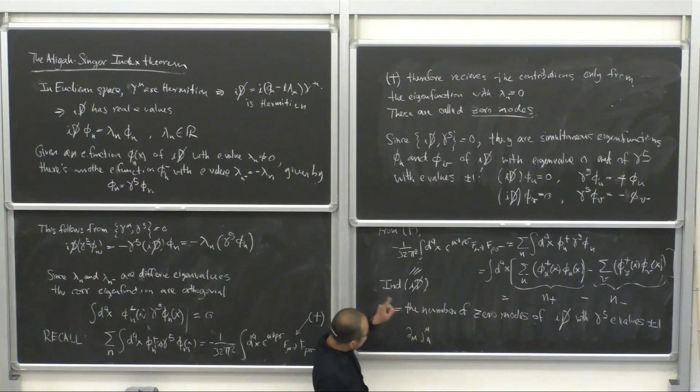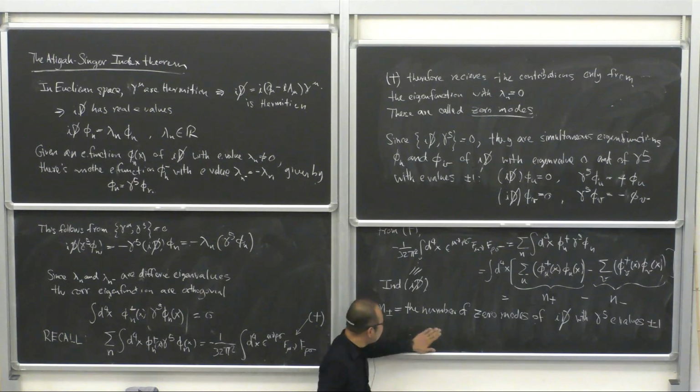Indeed, you can put this in a correlation function, but it's not necessary. It is what it is. It is an instanton number. Why do you have to put it in a correlation function? You can define it by itself. This is a topological quantity. It can live by itself. You don't need to put it in a correlation function.